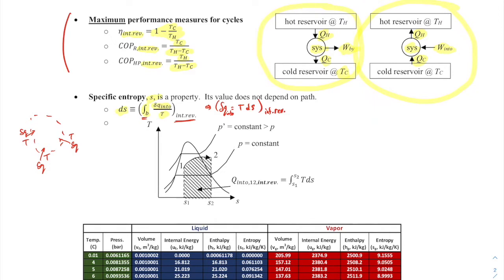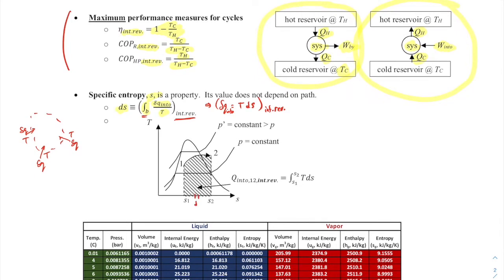If you look at that for a moment, if you plot this on a TS diagram, the plot right below the expression there, the heat that would be coming into your system as you go from state 1 to state 2, as shown in the diagram here, would be equal to the area underneath that curve. That's the T times ds. ds would be just a small displacement along the horizontal axis, and T gives you the height, so it's a small area here.